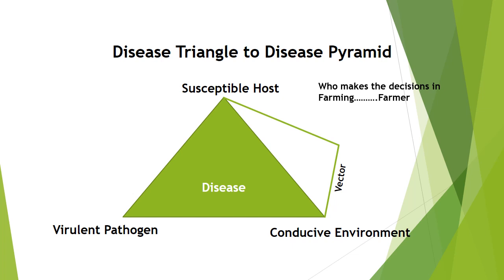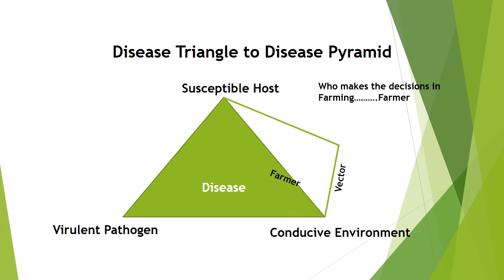All these factors have an impact on the occurrence of the disease. For example, if a farmer adds more nitrogen fertilizer to the crop than required by the crop, it actually promotes the disease. But if the same farmer adds more potash fertilizer, it helps the plant to become resistant.